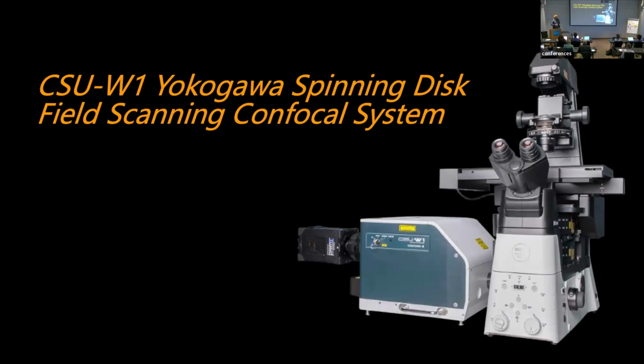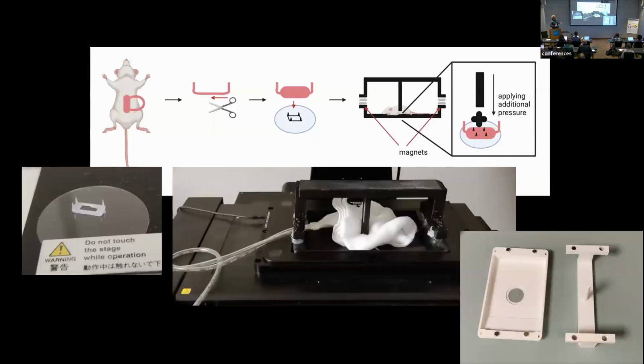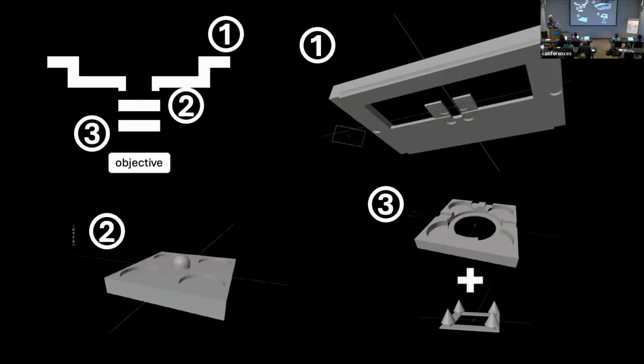With a lot of patience, 3D printers, hot glue gun, and access to Amazon, I used a couple of concepts. First one was something like this, where I printed the stage and additional holder for the tissue to stabilize in all axes. Then I went to more sophisticated structures which are isolating the intestine from the body, so there is no movement from breathing or heartbeat.